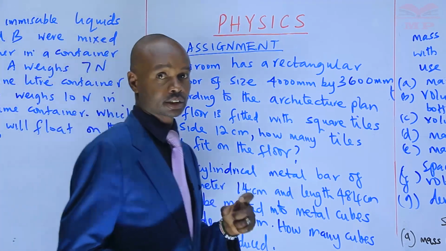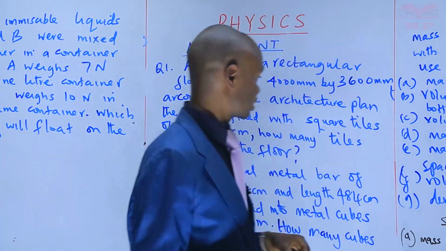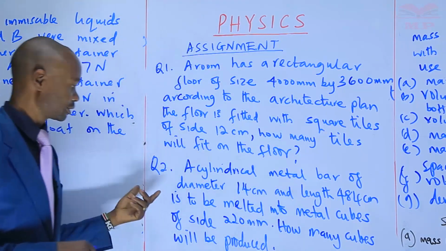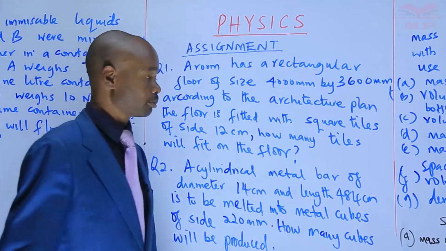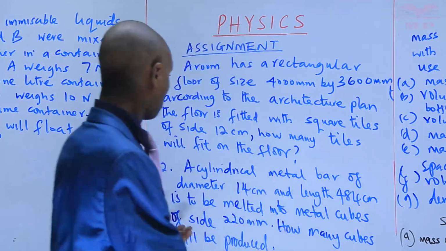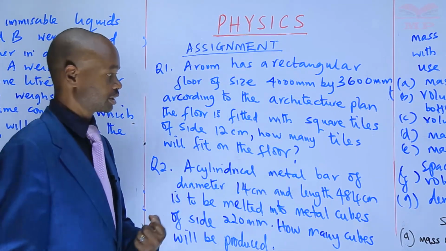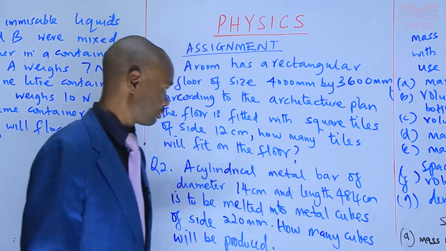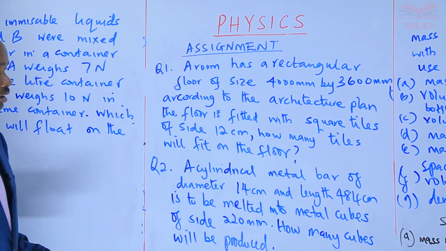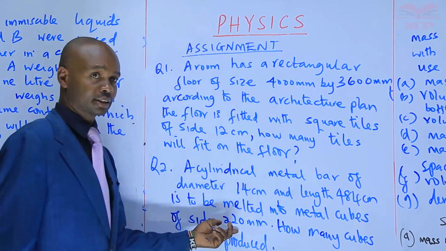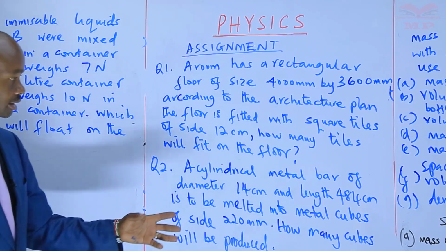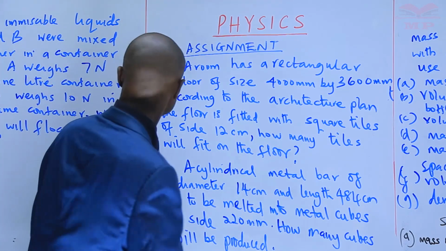How many tiles will fit on that floor? Question 2. A cylindrical metal bar of diameter 14 centimeters and length 484 centimeters is to be melted into metal cubes of side 220 millimeters. How many cubes will be produced?